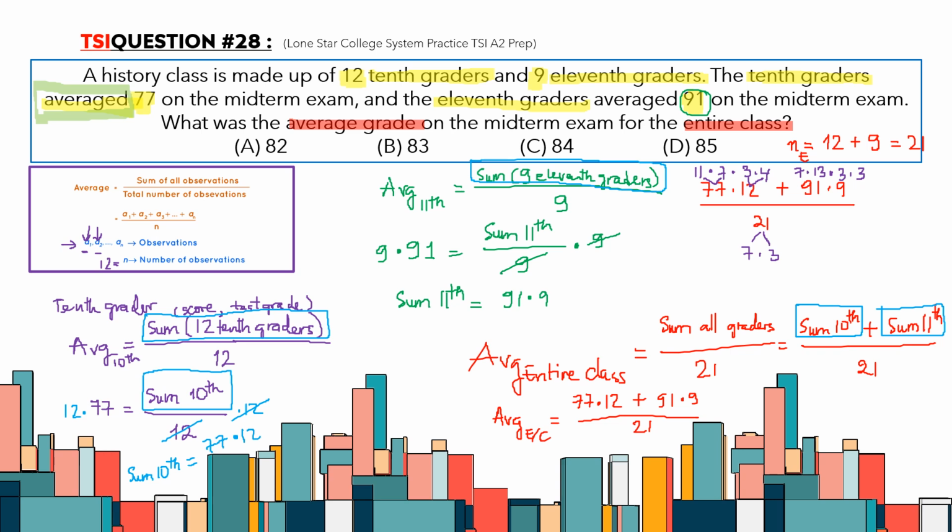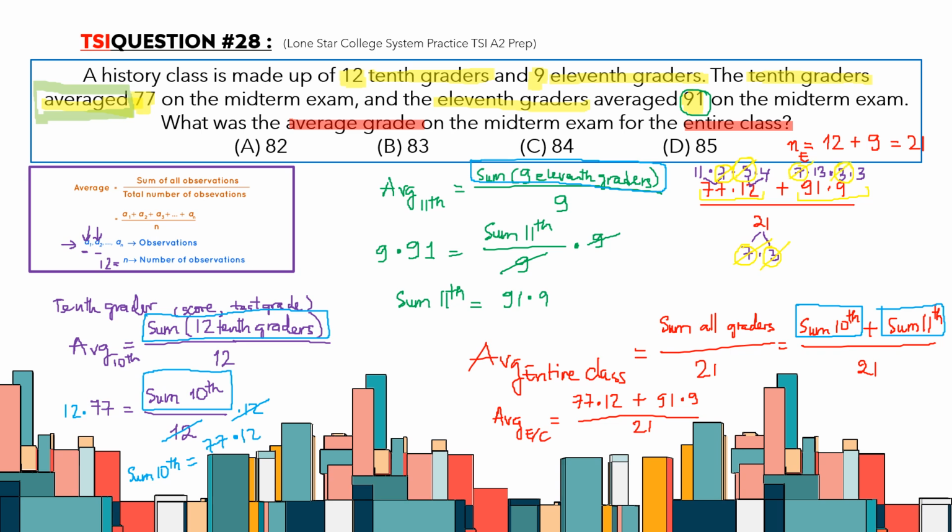In the first term we have 7 and 3 in common. In the second term we also have 7 and 3 in common. So all the 7s and 3s will be canceled out.